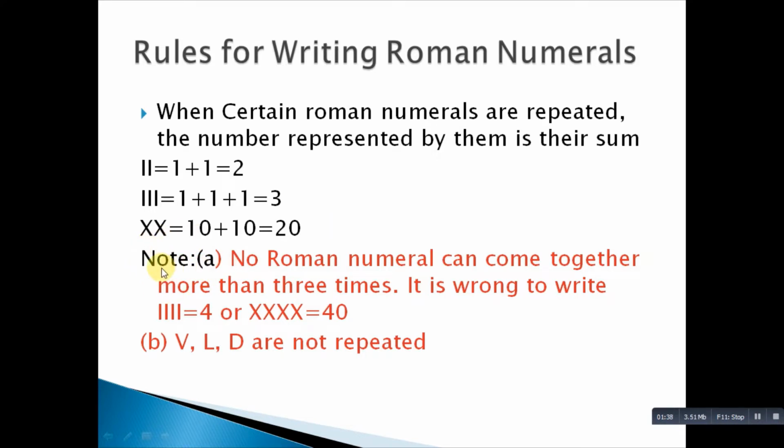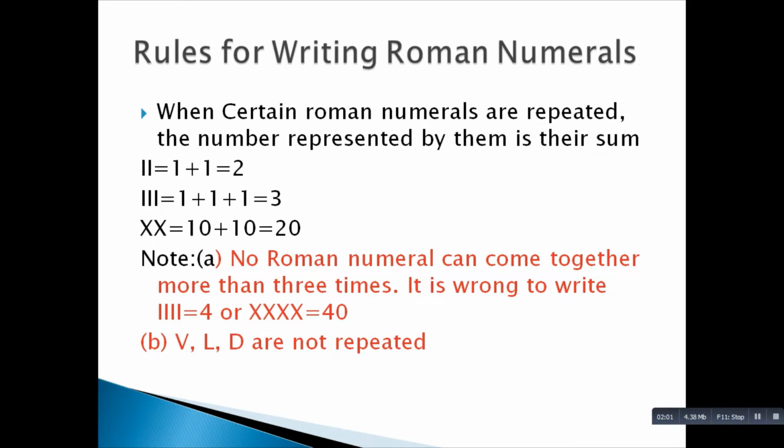Now you have to keep in mind one thing. A note I have given here: no Roman numeral can come together more than 3 times. So you cannot write a statement like IIII and expect that this will be equal to 4. This is totally wrong. Or you write XXXX and say that this is equal to 40.